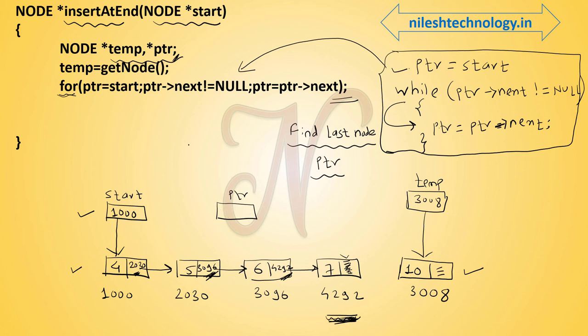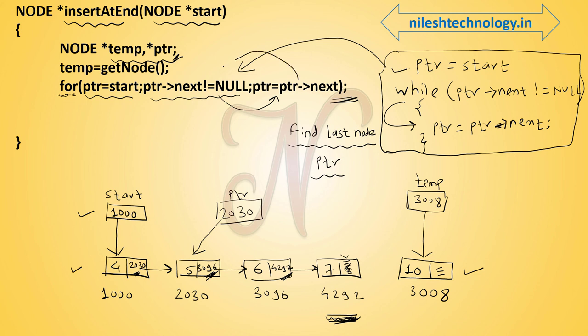Initially ptr equal to start, so ptr is pointing to the start node, address 1000. Ptr of next is not equal to null, the condition is true. The for loop has a semicolon, so it goes to the incremental part: ptr equal to ptr of next. Now ptr goes to next, and the address is 2030.